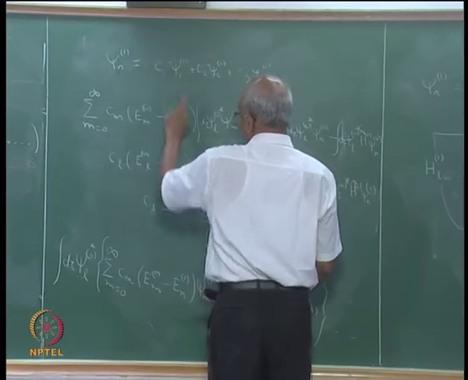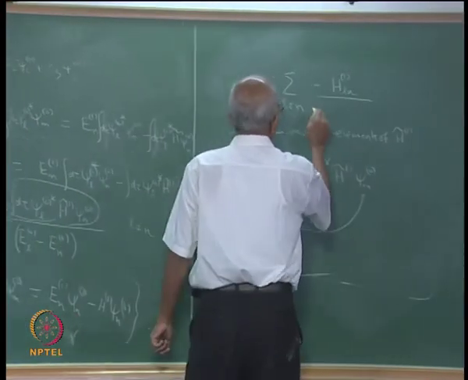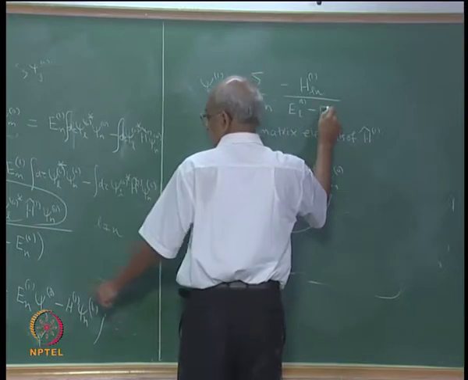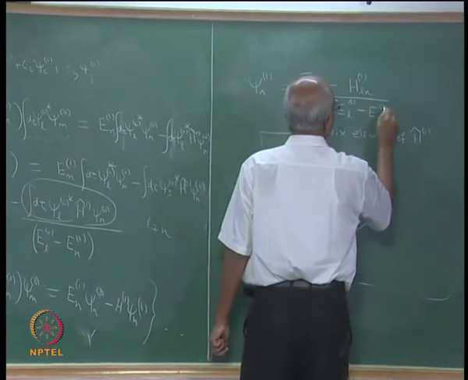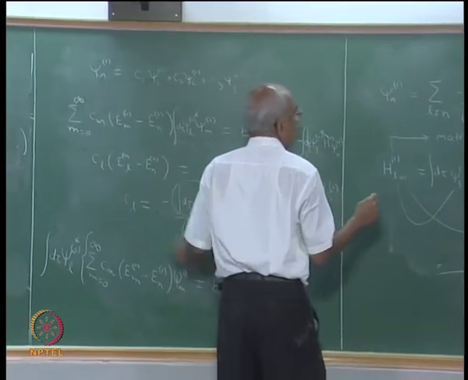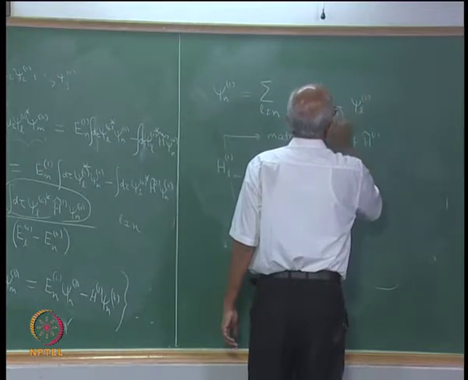So, I have now written the expression for Cl. It will contain EL 0 minus En 0. This is just the coefficient Cl, and that has to be multiplied by psi L 0.